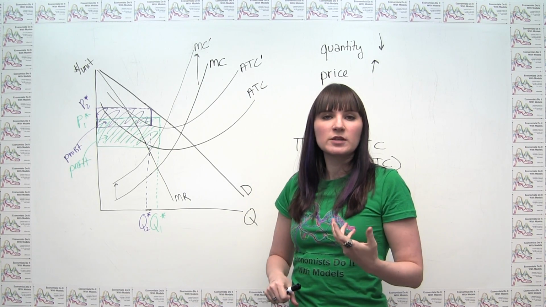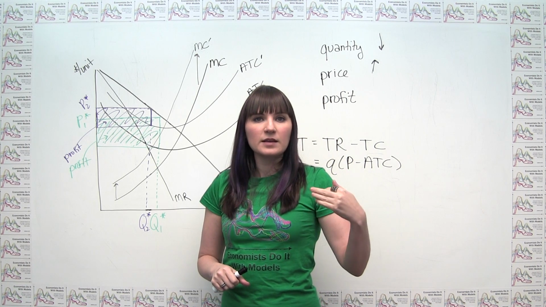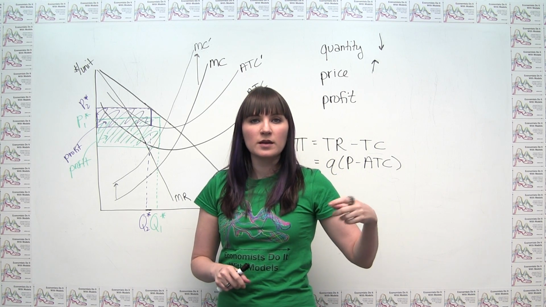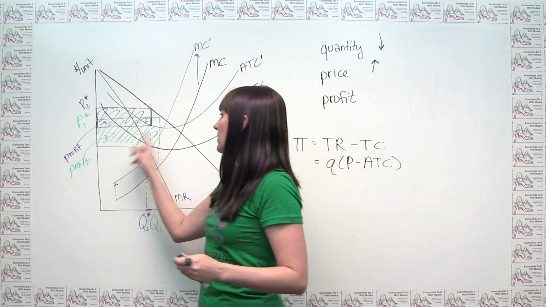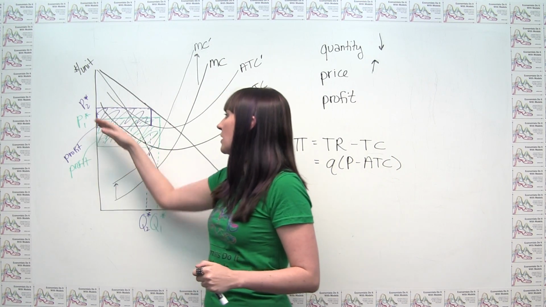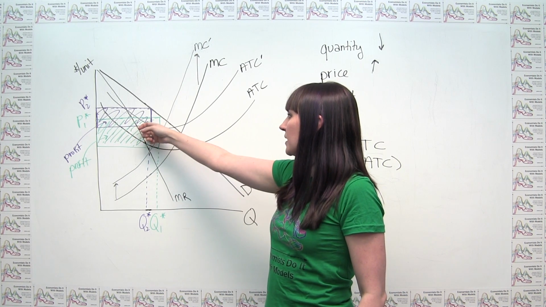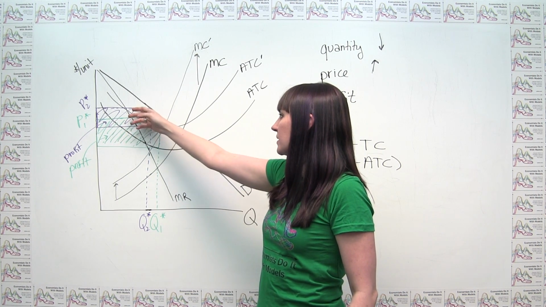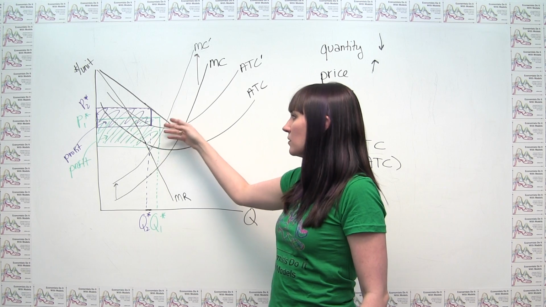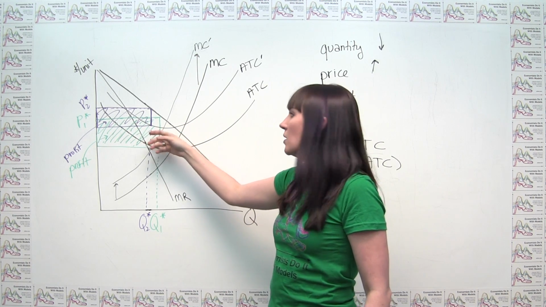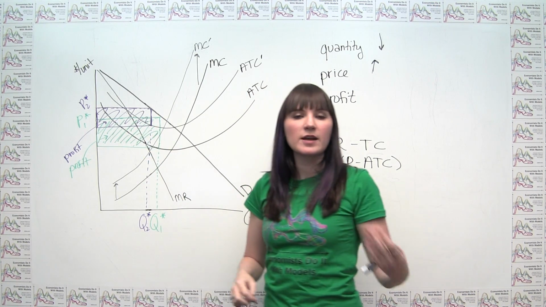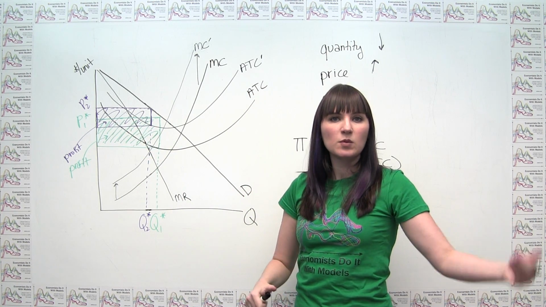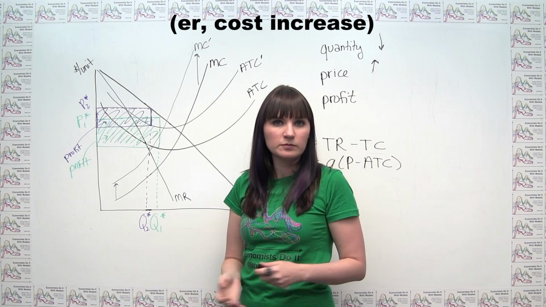So what was essentially happening is that the producers were passing on at least part of that cost increase to the consumer, which is basically the same thing as you're seeing here, that it's most likely not the case that the price is increasing more than the producer's cost increased, but the consumer is at least getting part of that price increase passed on to them.